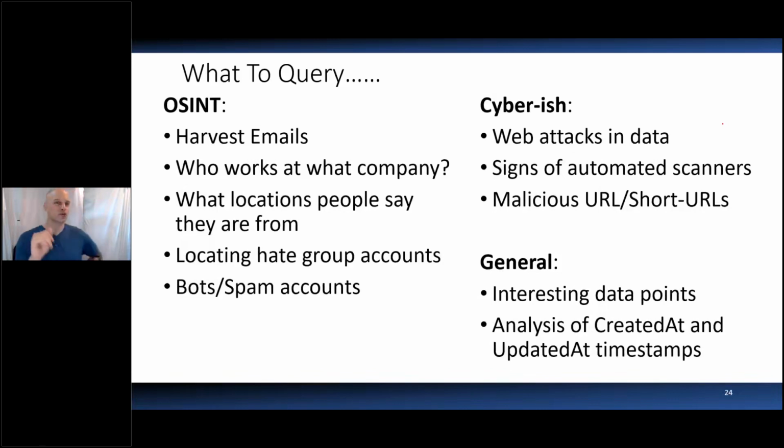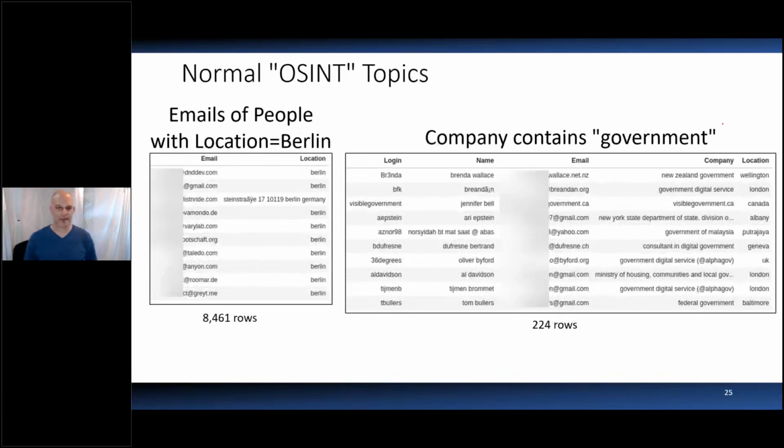Or what if people actually tried to submit cross-site scripting or other types of attacks, or were putting in malicious URLs that are those short bit.ly links or ow.ly links? Could we find that? The answer is absolutely. Stick around. And then I also wanted to look for the extra things that I really didn't even know what they were or how to explain, and to analyze also the created at and updated timestamps.